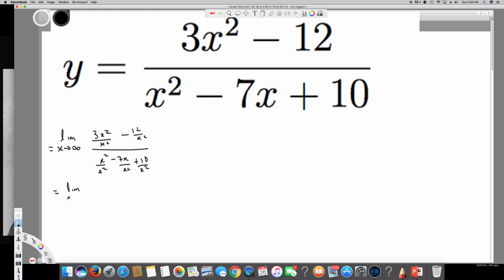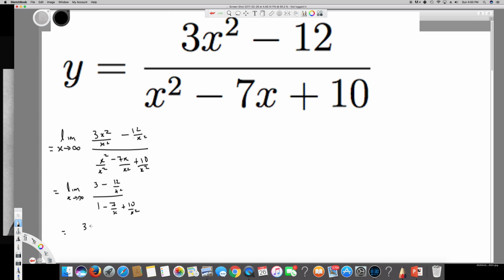Limit x approaches infinity, 3 minus 12 over x square, over 1 minus 7 over x plus 10 over x square. Now if you substitute infinity for x, whatever is divided by x or x square is going to be equal to 0, because infinity is a big number, and if you divide anything by a big number it becomes 0.